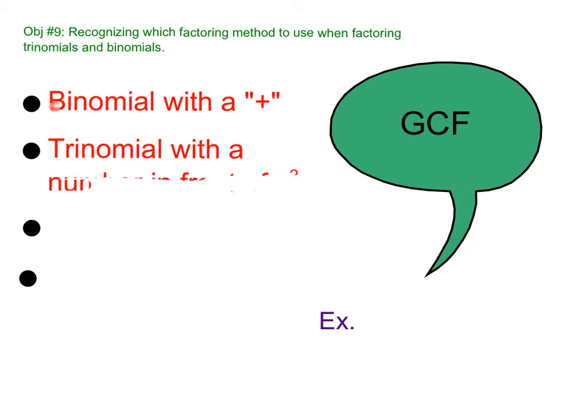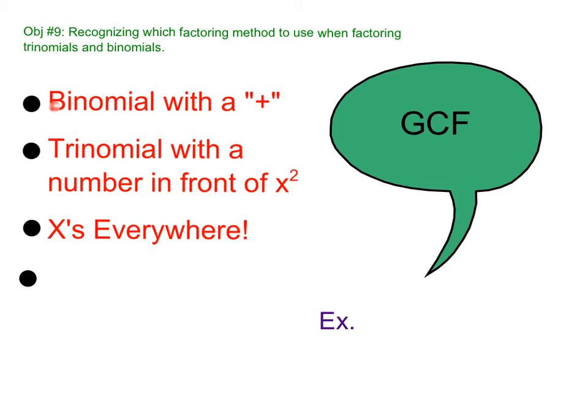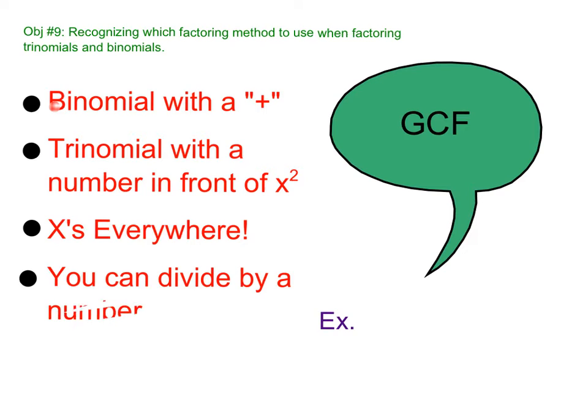A trinomial with a number in front of x squared. So all the multiply combine problems, you're not allowed to have a number in front of x squared. There's x's everywhere. That's just a good rule of thumb. If you see an x in every single term, then there's going to be a GCF. And the big one is just you can divide.